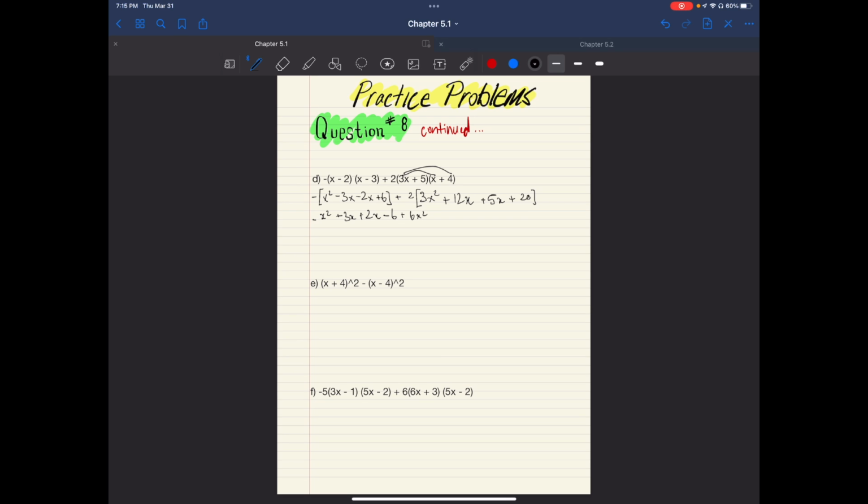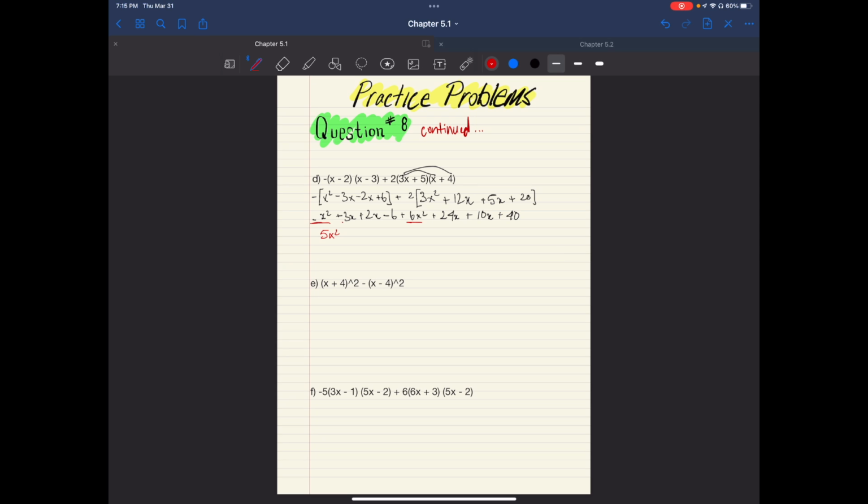6x squared plus 24x plus 10x plus 40. Let's collect like terms. Let's start with our x squared terms first. So this becomes 5x squared.